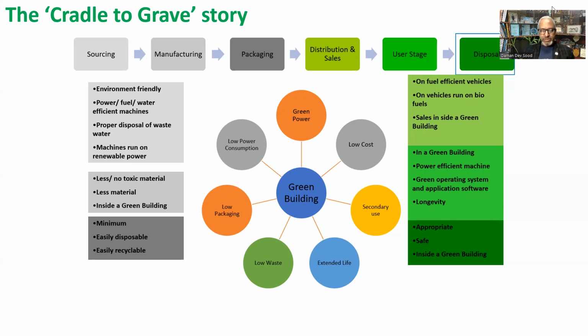For example, the packing material is recyclable, or much better if it's made of already recycled material. Then it needs to be transported, shipped. So whatever vehicle is being used, that being energy efficient, that using non-fossil fuels if possible.